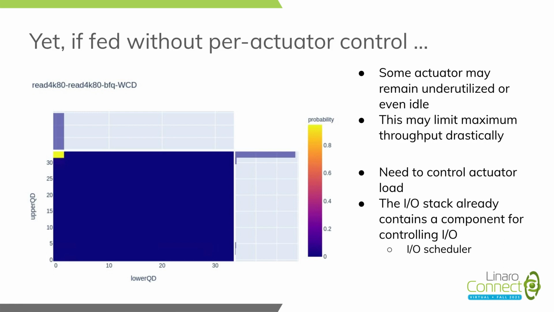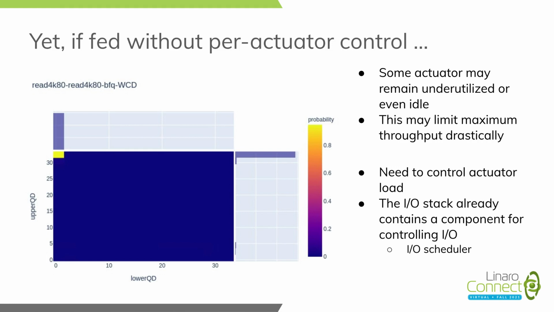In this heat map, we see a workload made of small reads competing with other small reads. So the first sequence of reads is for one actuator, while the other sequence of reads is for the other actuator, and they are issued in parallel.